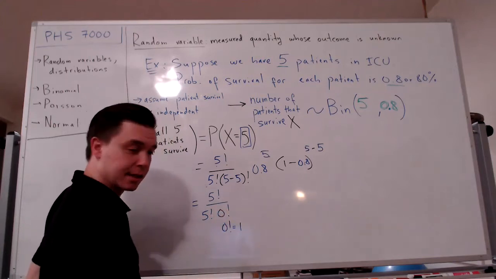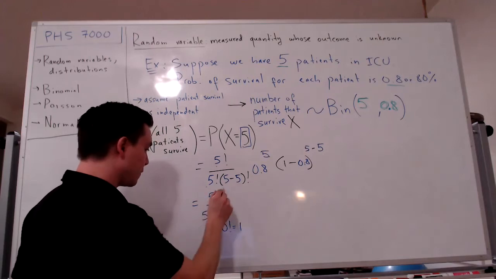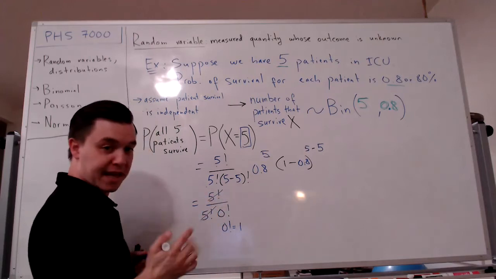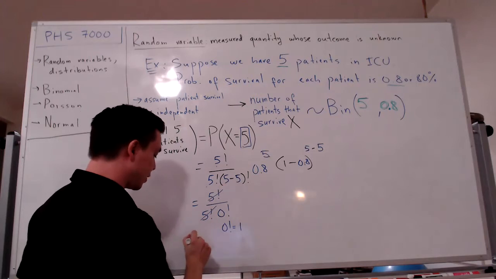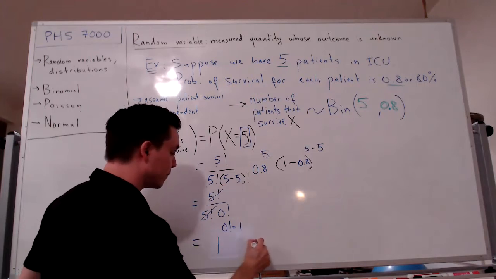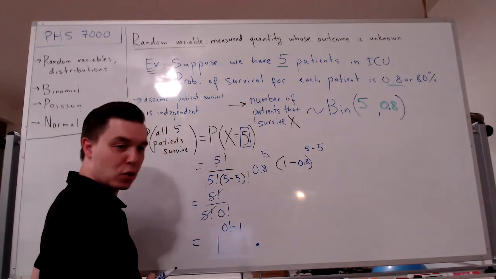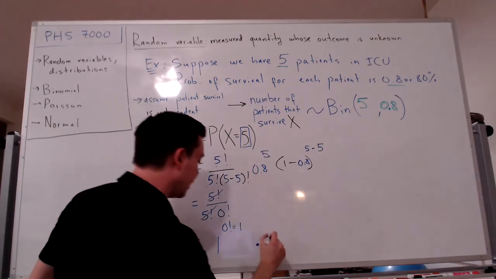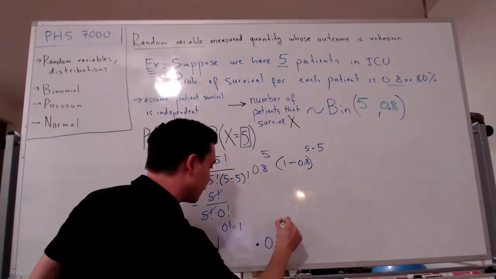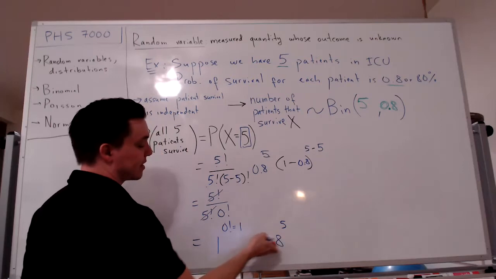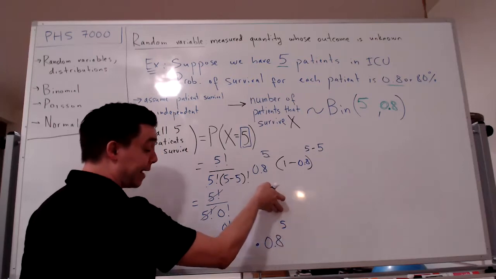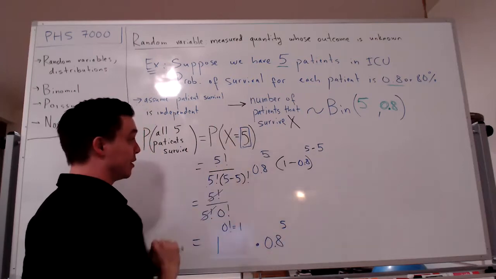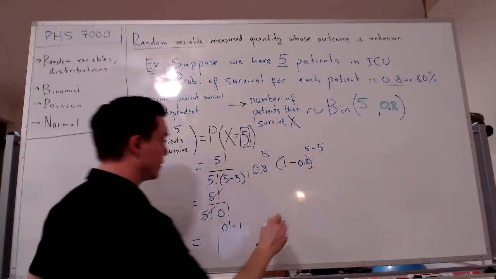That's the special trick. 5 factorial over 5 factorial just cancels out. And so this entire term goes away. Cool. 0.8 to the 5th power, probability of success on each trial raised to the power of how many successes I'm looking for. All 5 patients survive.